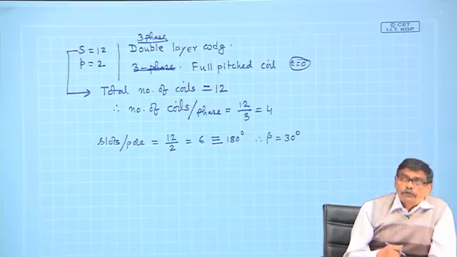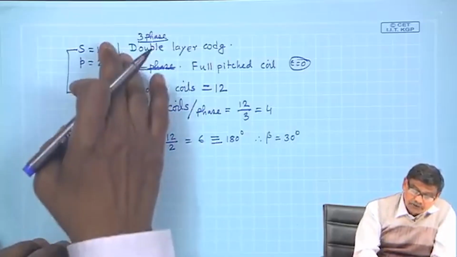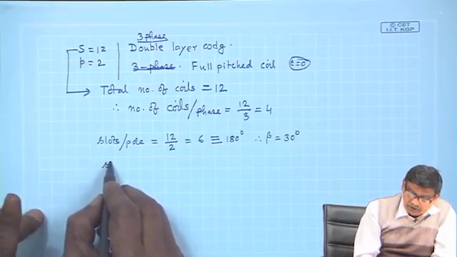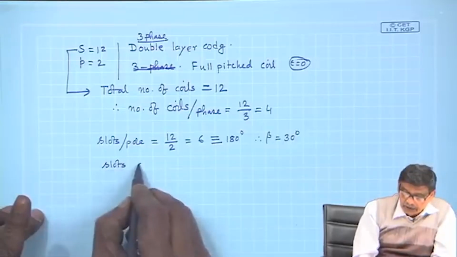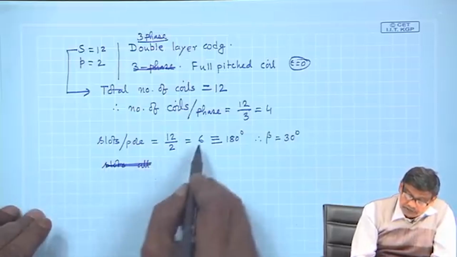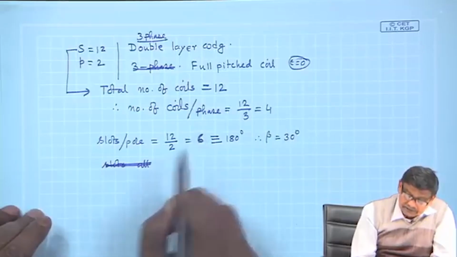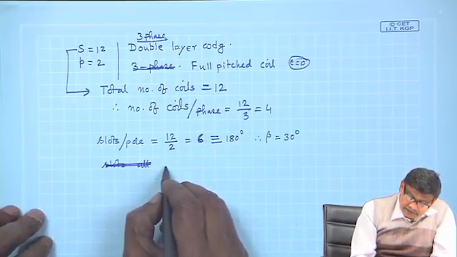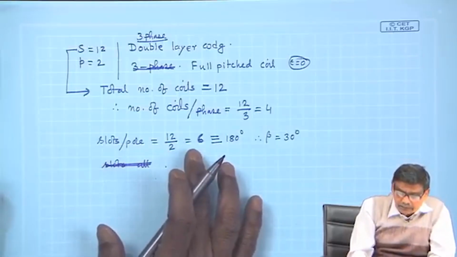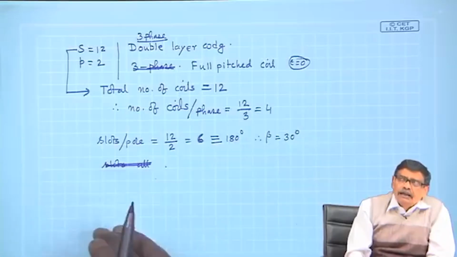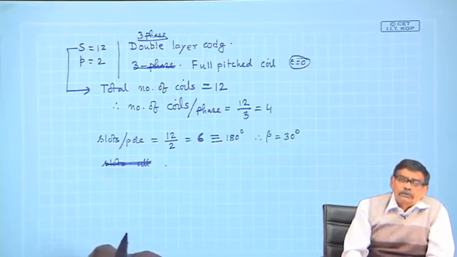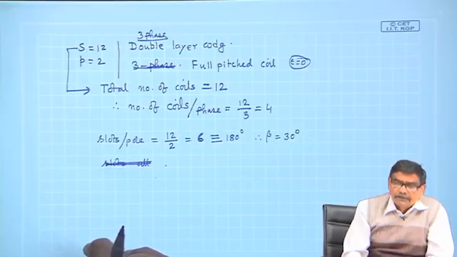So, there are 2 poles, total number of slots are 12. Therefore, it is expected slots allotted, and slots per pole is 6, and under a pole there will be a total of 6 slots available, and our common sense tells us that okay, you want to make a balanced 3 phase winding.